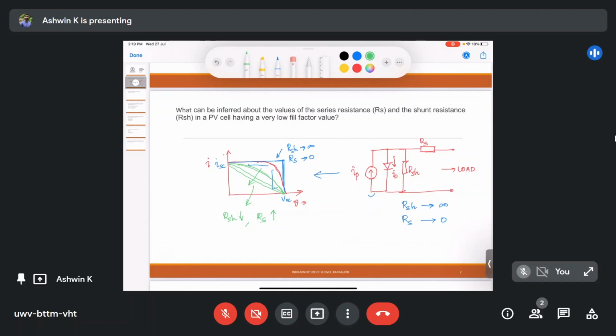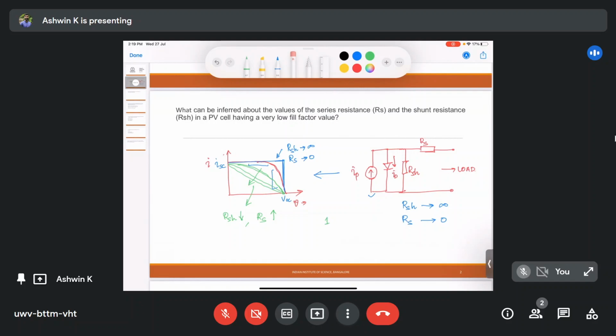So what our question asks us is, what can be inferred about these two parameters, R series and R shunt, if you have a very low fill factor? So ideally the fill factor of this particular PV model is given by the blue curve, which is nothing but 1.